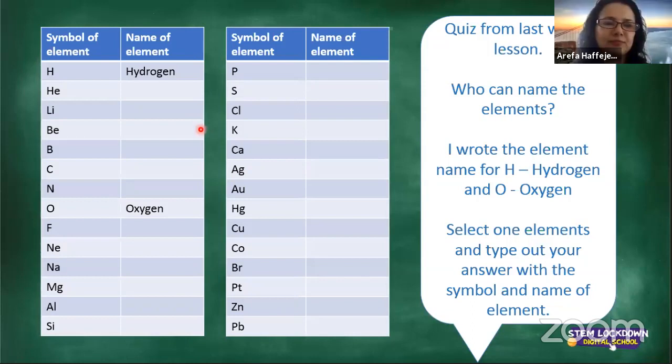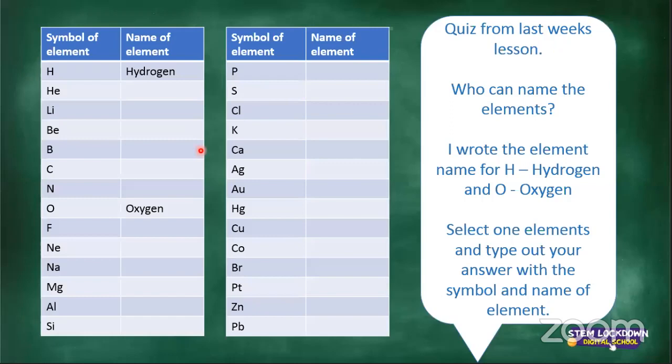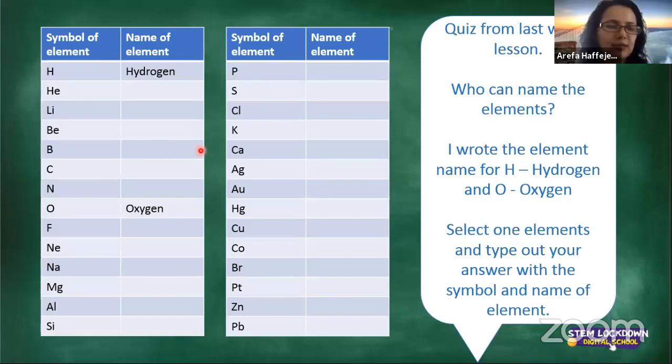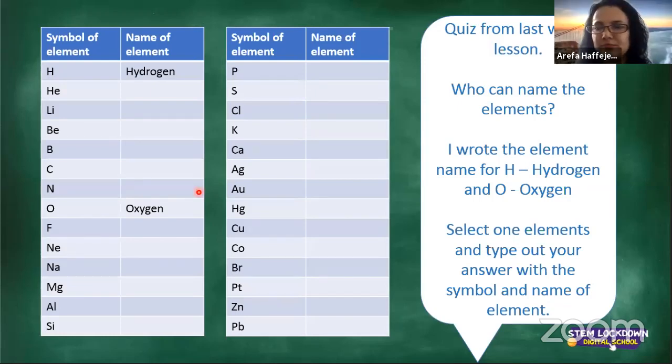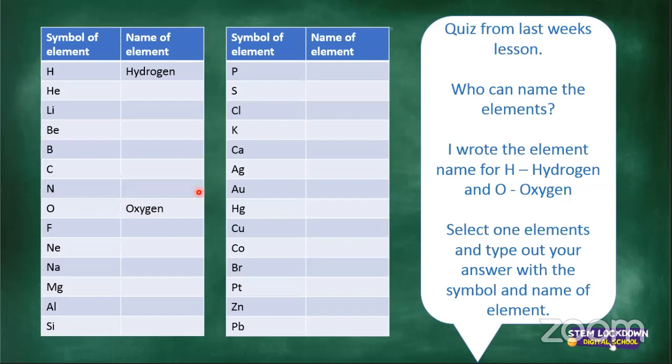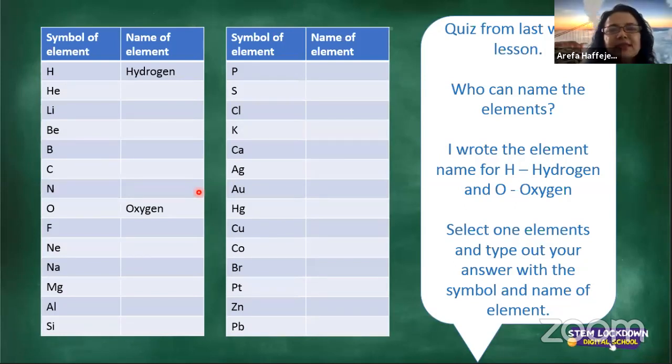That's correct. B is boron. That's correct. C is carbon. Okay, well done. N is... I forgot N. Yeah, that's all I know. Nitrogen. Yes. Okay, let's give someone else a chance. That's very good. Well done for that. I'm very proud of you for learning it.